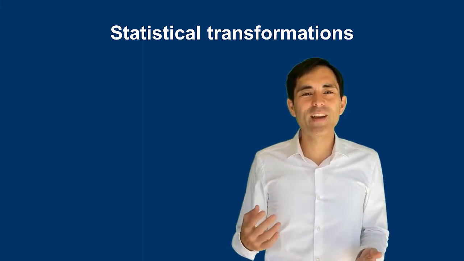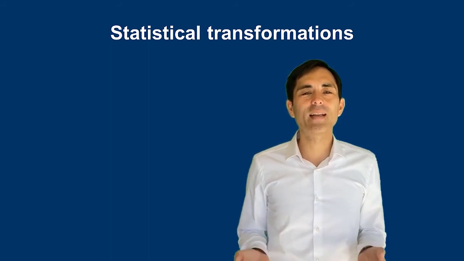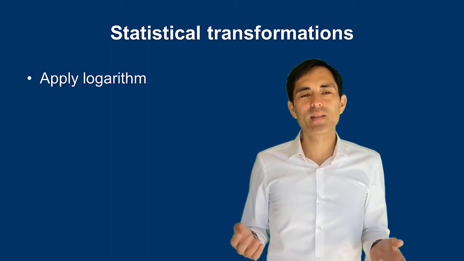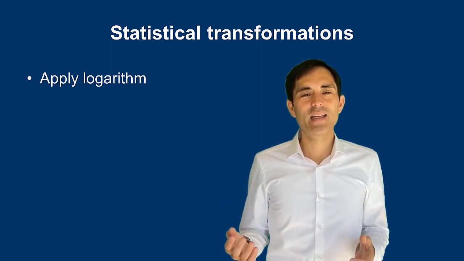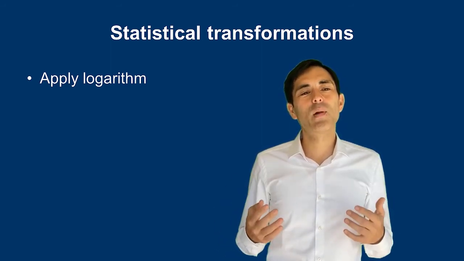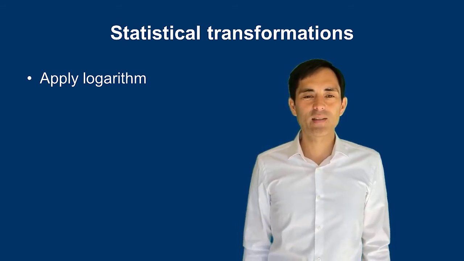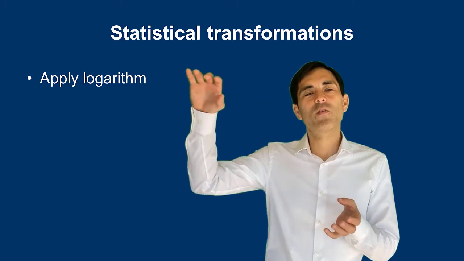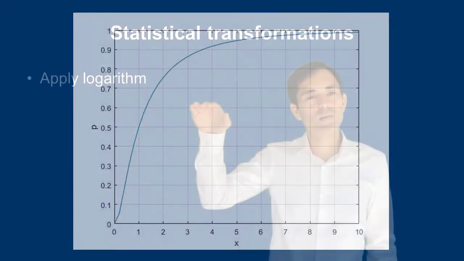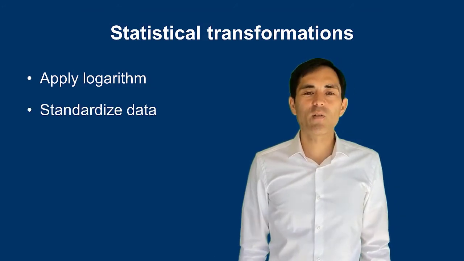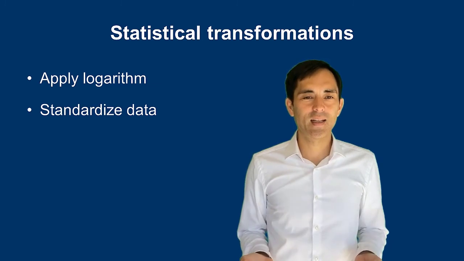There are more advanced methods, various types of statistical transformations of data. What we see a lot in business research, mainly in finance, strategy research and so forth, is that scholars apply a logarithm to the data. What that essentially does is take out extreme values and give the variables a more logarithmic type of distribution. Another very common form of transformation would be to standardize data.